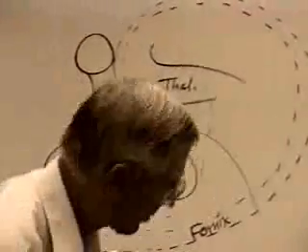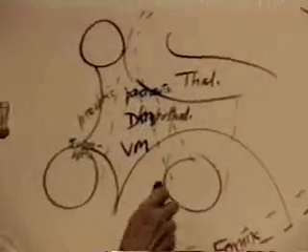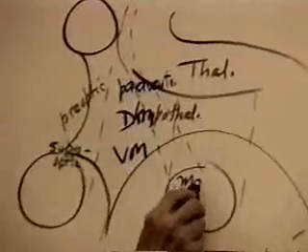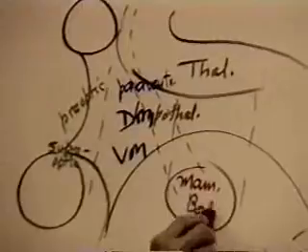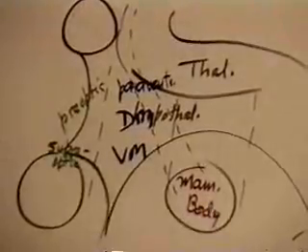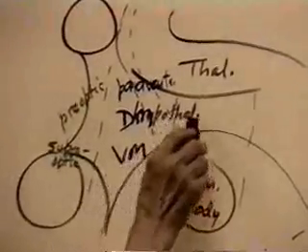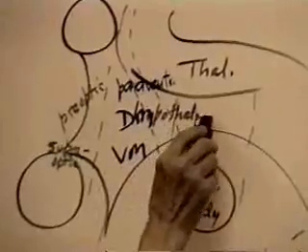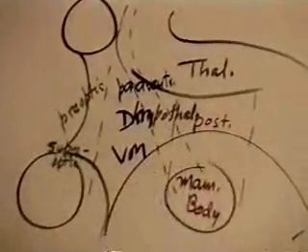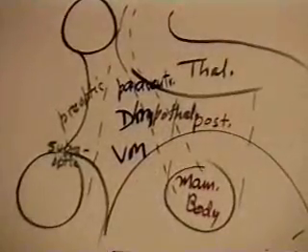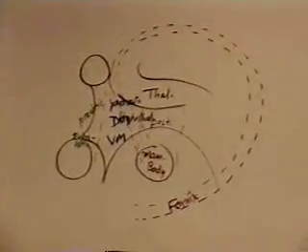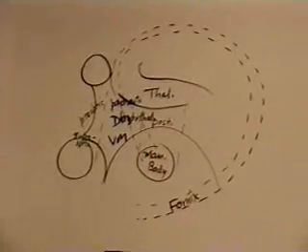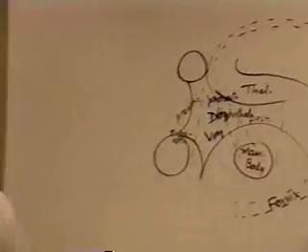And the posterior contains the mammillary bodies and the posterior. Not a very imaginative name. So let's consider each of these three parts serially.